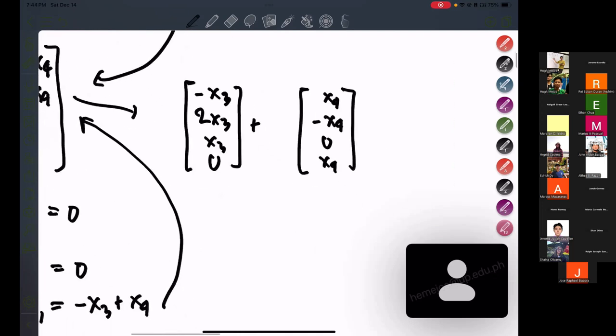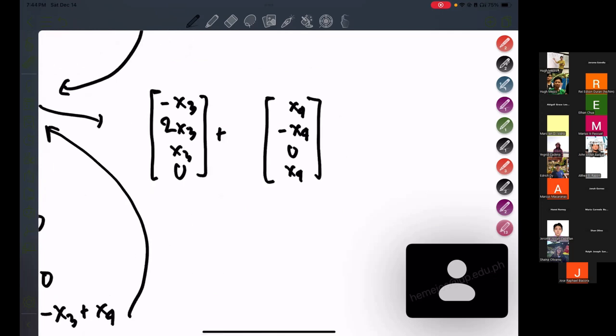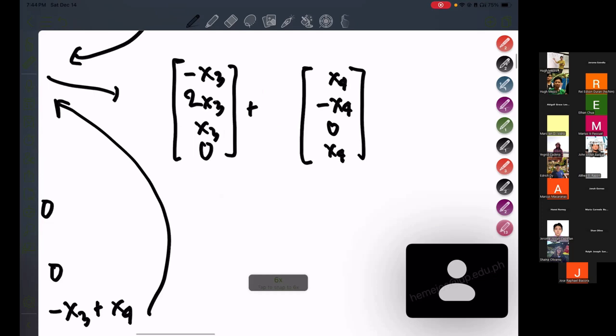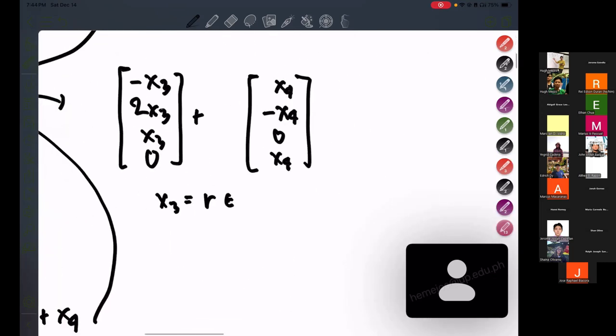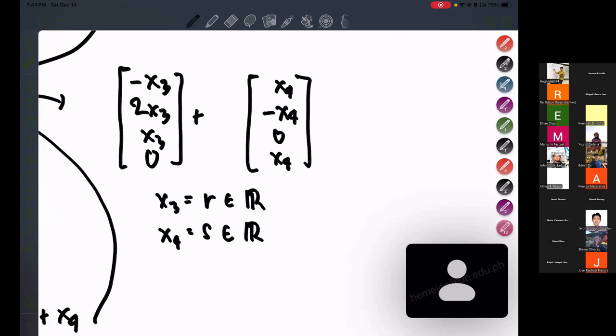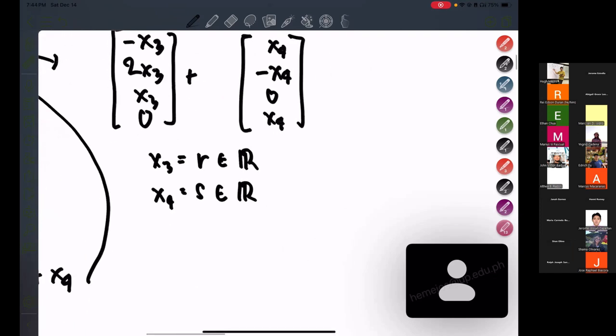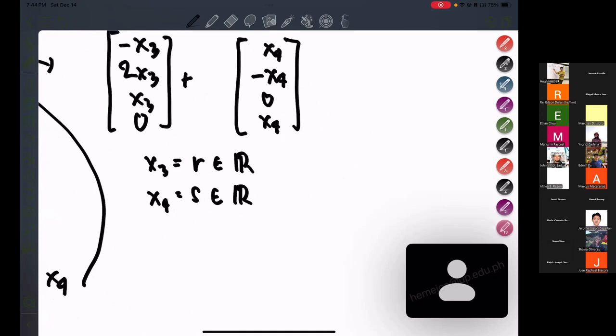If you factor out the x3 and x4, we can let x3 be r, which is any real number, and x4 be s, which is also any real number. We can now factor them out.